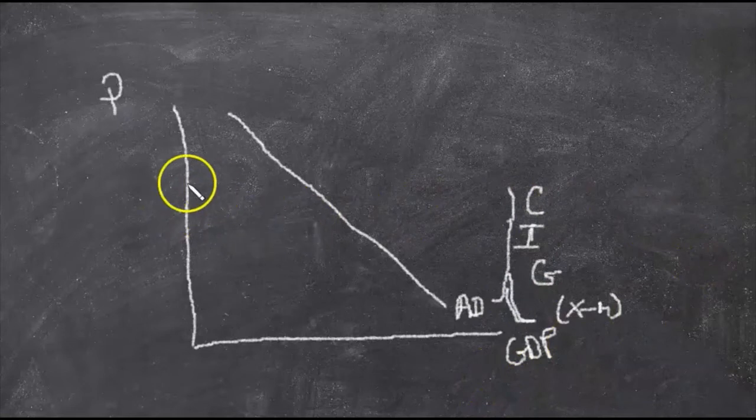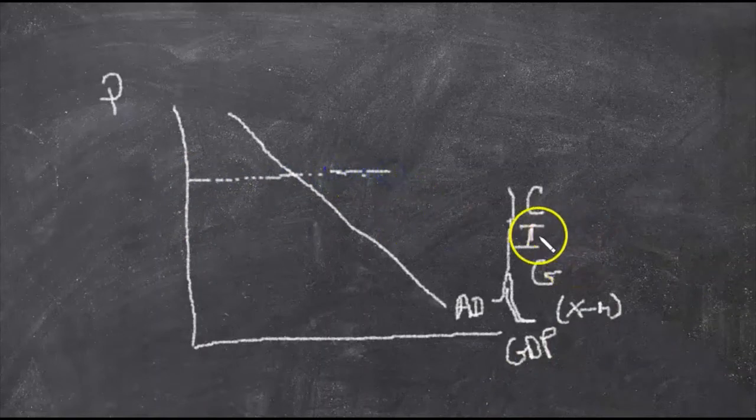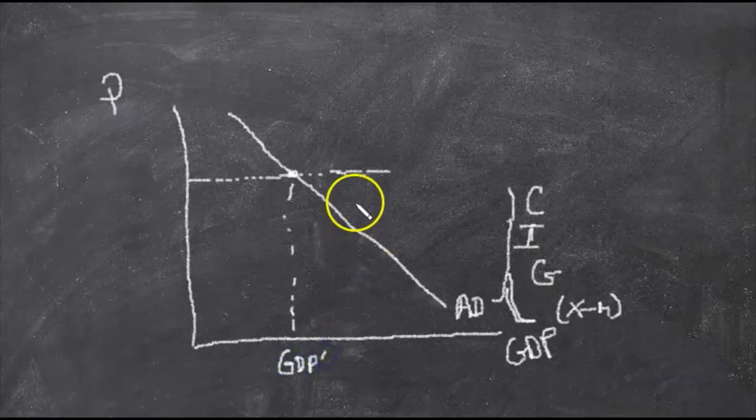And if, holding price constant, so imagine we have a price here, and suddenly, for some reason, companies, instead of our GDP, the amount of production is down here, let's say. If they become more optimistic, if companies say, oh, the economy is going to become really powerful and consumption is going to grow in the future, they're going to say, well, we better invest now.